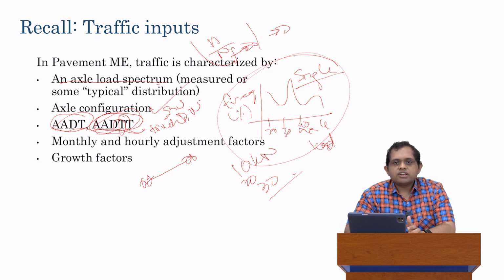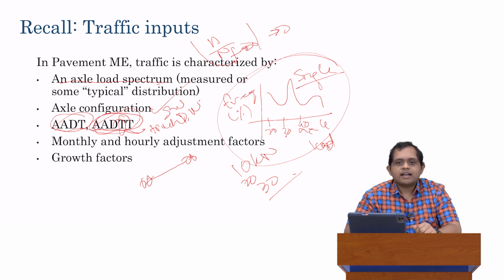So for example, we could say that 60% of vehicles are buses and trucks, and so we take AADT, we multiply it by 0.6 and we get AADTT. So that's basically how we do the characterization for the total amount of traffic during analysis. Of course, the amount of traffic during the analysis changes from month to month.